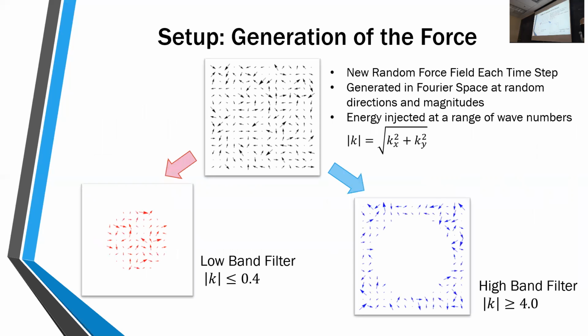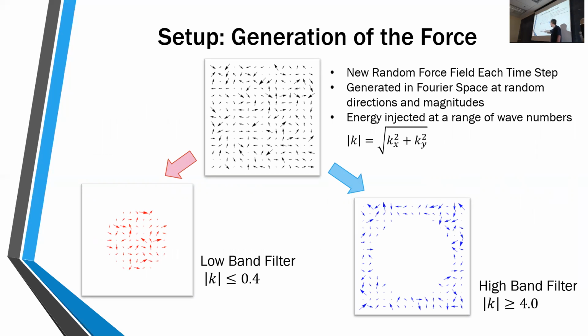Okay, so the way I generated the force was I created, in K space, a random force field, just random directions and magnitudes in K space, and then I applied a filter.